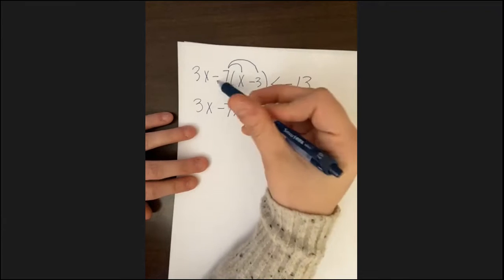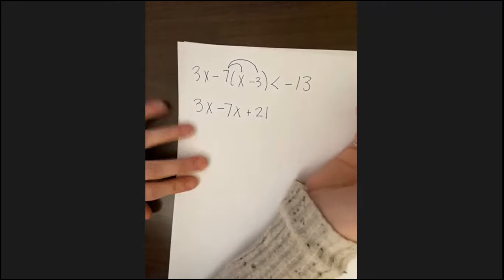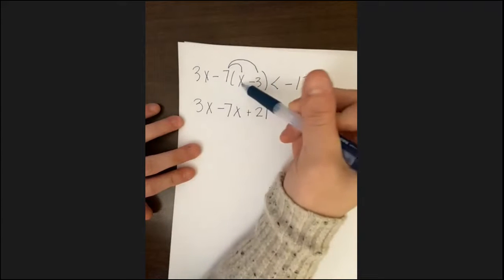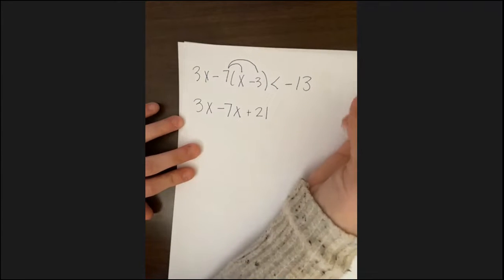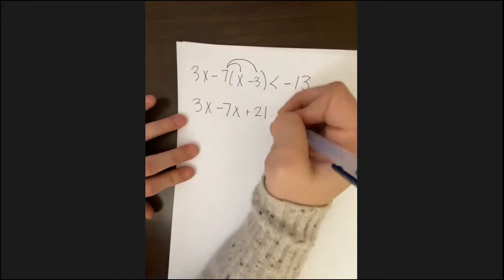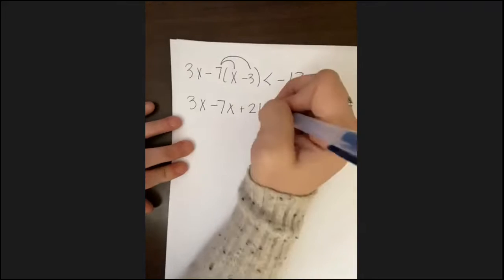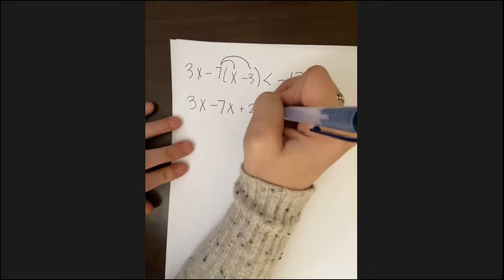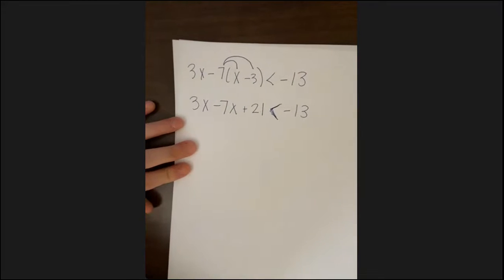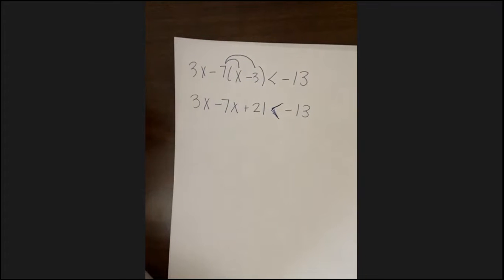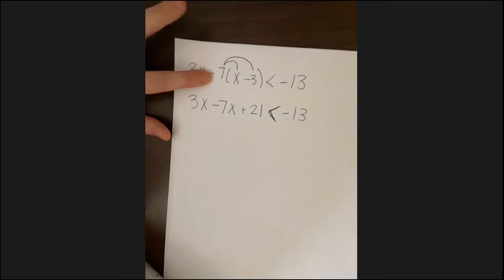And then negative 7 times x is negative 7x. Okay, so we've taken care of the parentheses. I'm going to just rewrite everything else. Okay, so now we've done the parentheses.